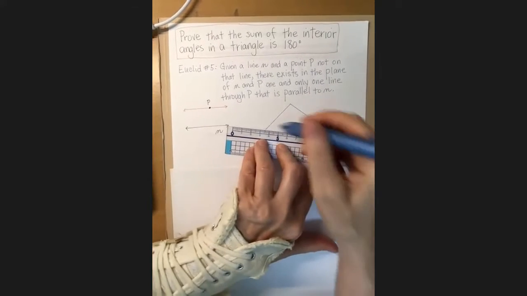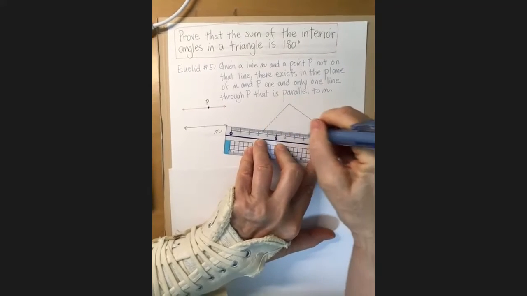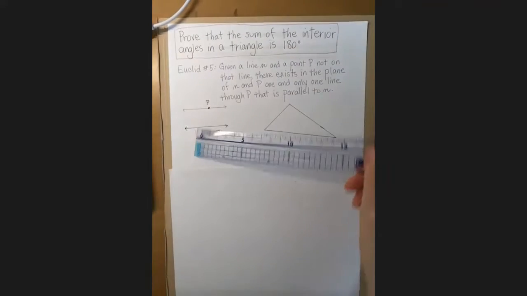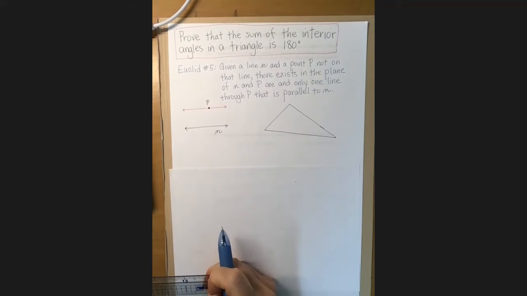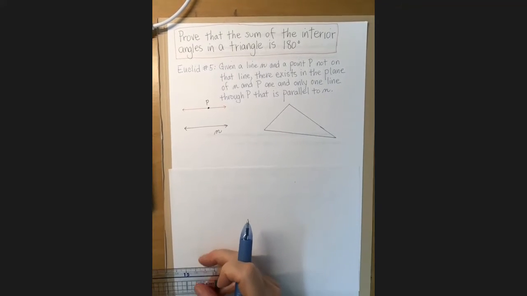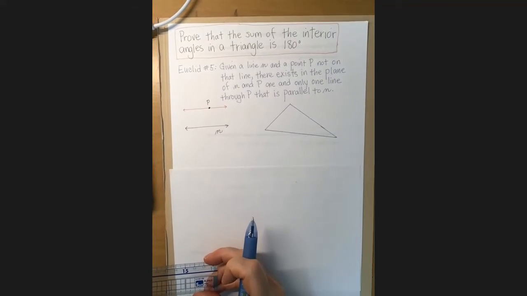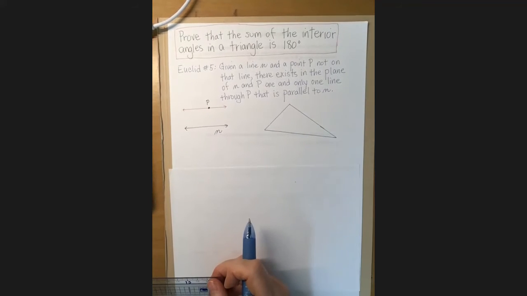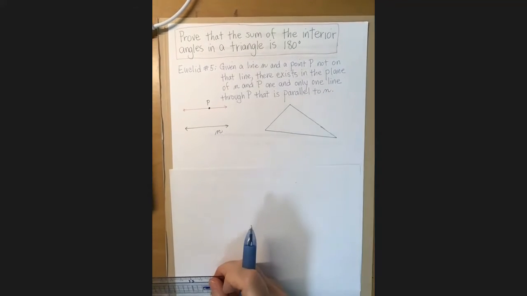So here we have any old triangle. If we can prove that the sum of the interior angles in any old triangle is 180 degrees, that means that the sum of the interior angles in every triangle is 180 degrees.